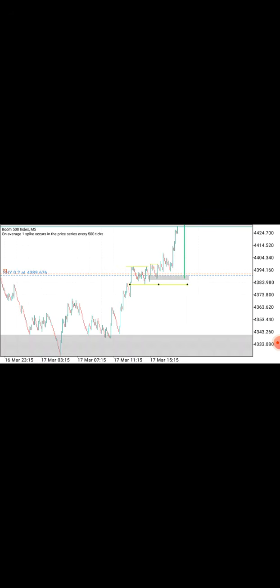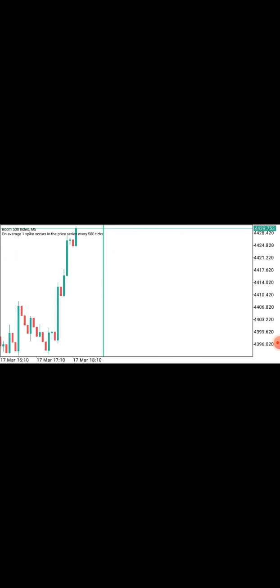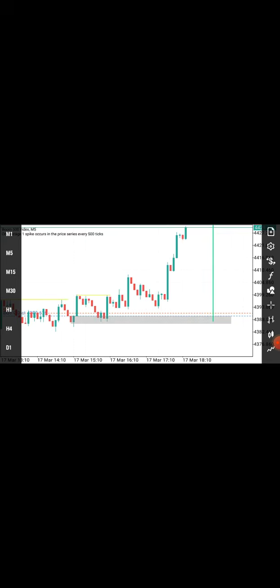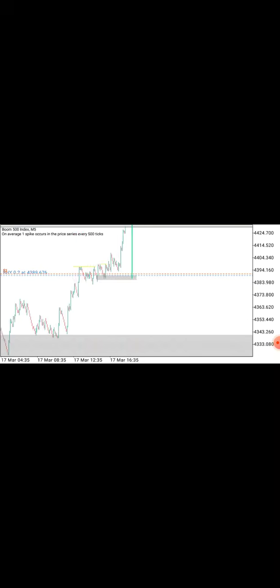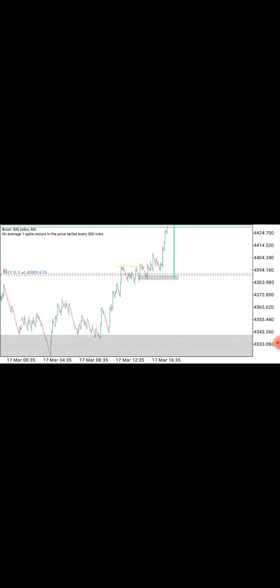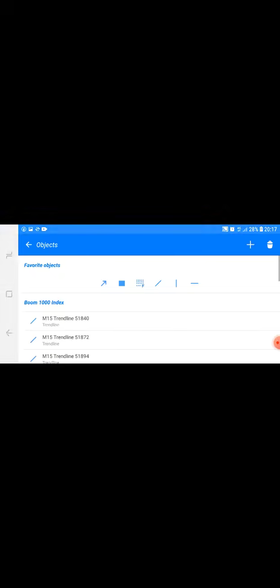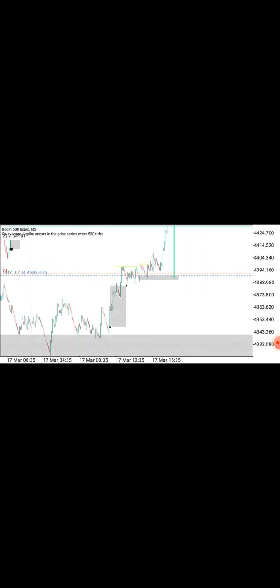Excuse me for this little trend line, because I did that on the high time frame because I thought the market might not respect my order block and decide to come to the downside and fill the liquidity void. Because in this area right here, on a higher time frame, we have a liquidity void.